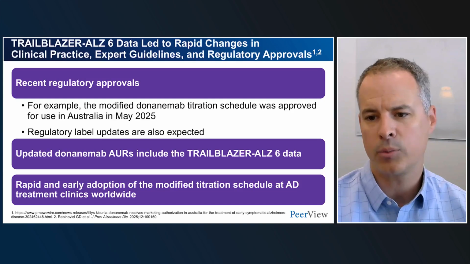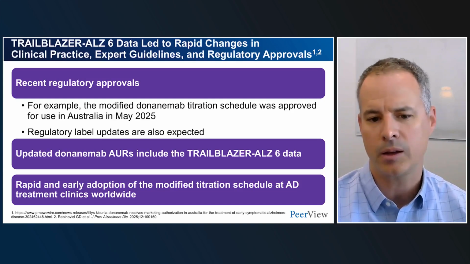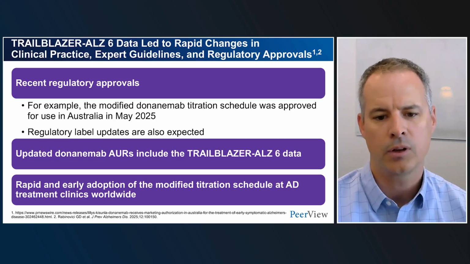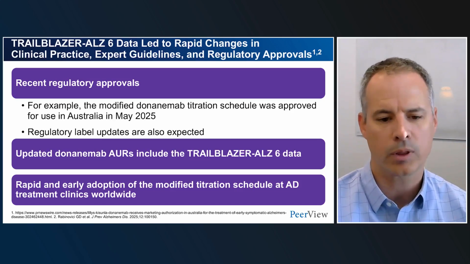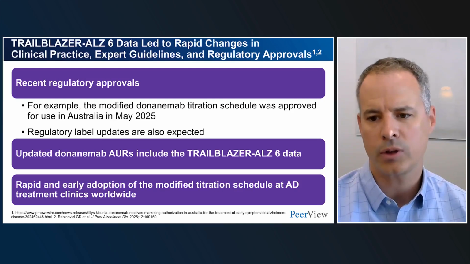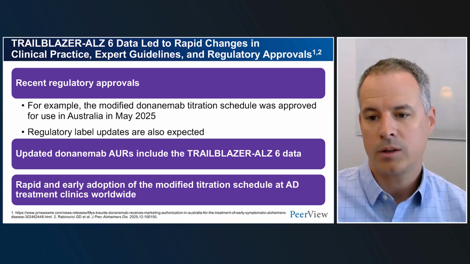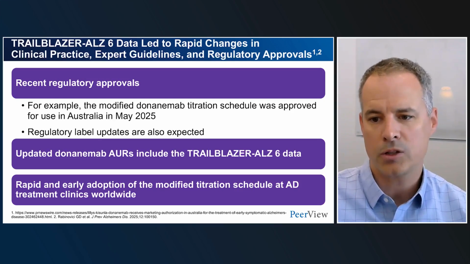It's not yet approved in the United States, but it has already been adopted by many Alzheimer's disease treatment clinics worldwide, including the one that I work at. So we're hoping this new titration schedule can lower rates of ARIA and potentially open the door to further changes in the titration schedule in the future that could lower it even further.